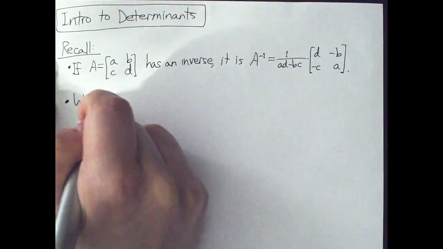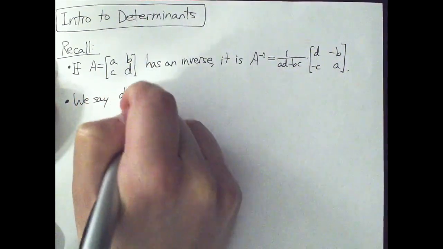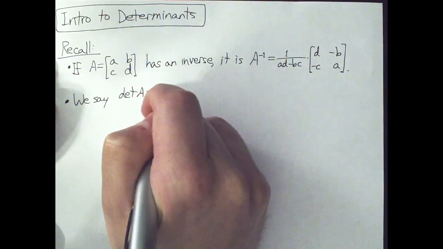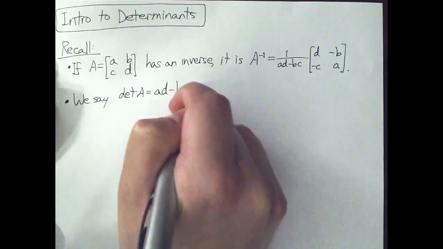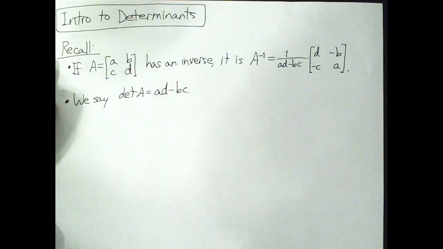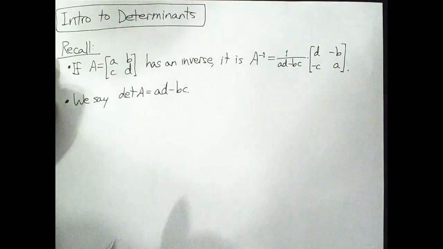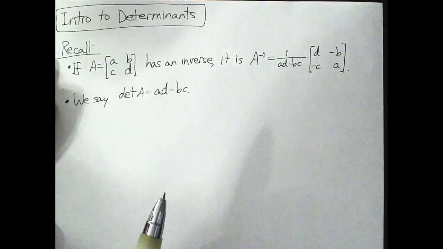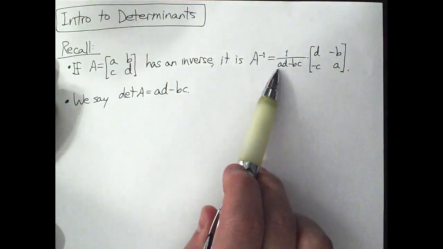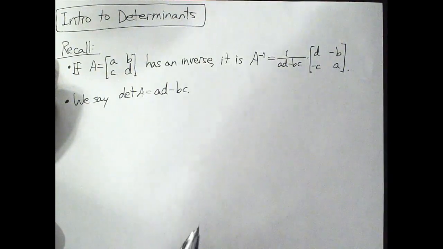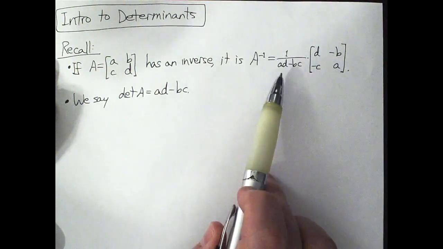And we say that the determinant of A is that denominator, AD minus BC, which turns out to be a pretty important number. We can tell from the formula for an inverse that if the determinant is 0, this is going to be undefined because we would be dividing by 0.